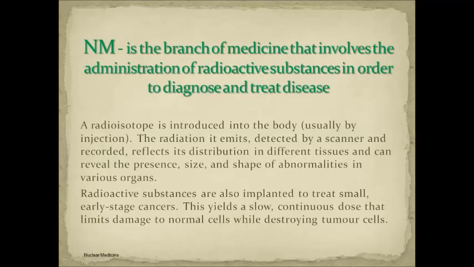The radiation it emits is detected by a scanner and recorded, reflecting its distribution in different tissues and organs, and can reveal the presence, size, and shape of abnormalities in various organs. Radioactive substances are also implanted to treat small, early-stage cancers. This yields a slow, continuous dose that limits damage to normal cells while destroying only the tumor site.